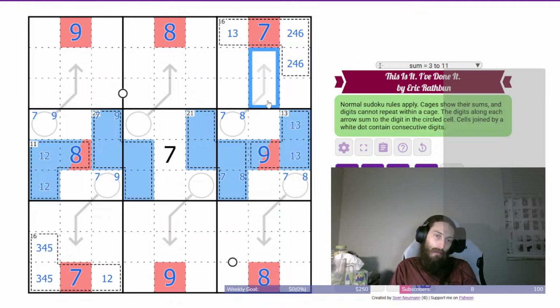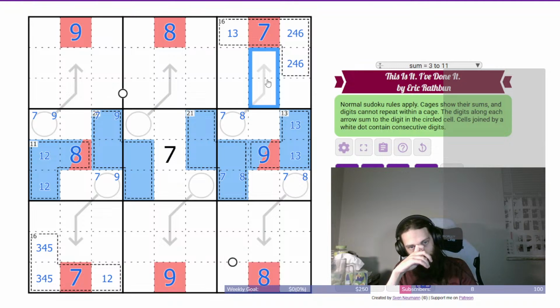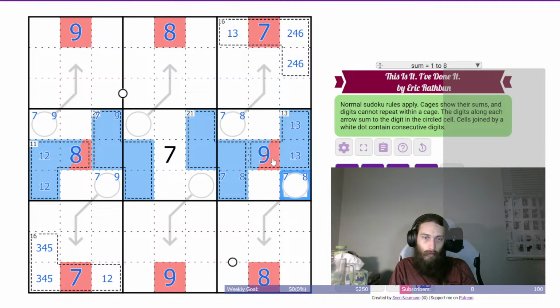But then the other 1 and 3 would be over here. That's 1, 6, or 3, 5, in the instance that this is a 7, 8 pair.